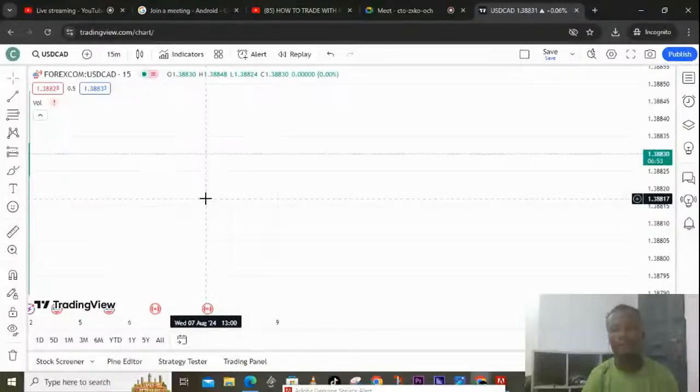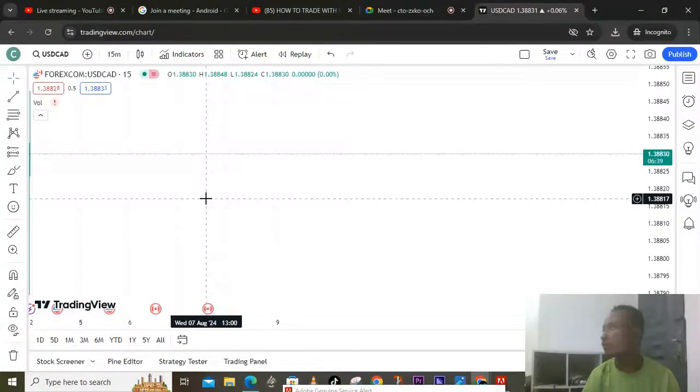Rule number two: it must be sloping downwards from left to right.